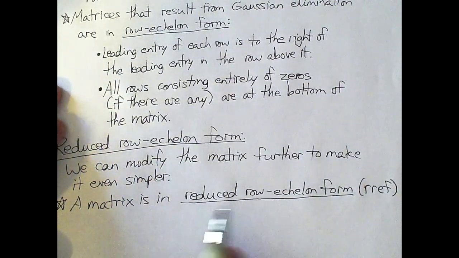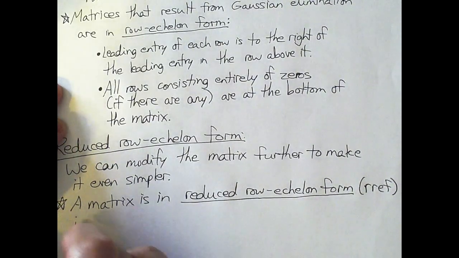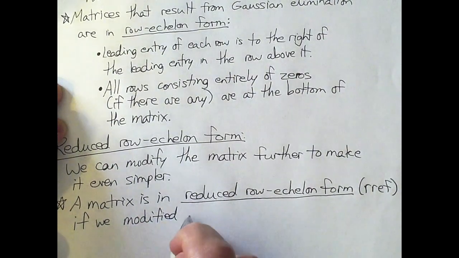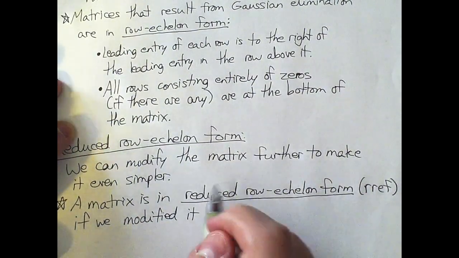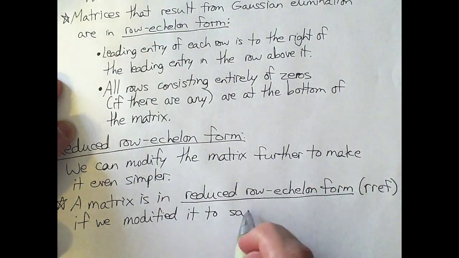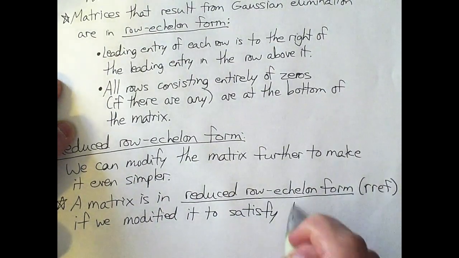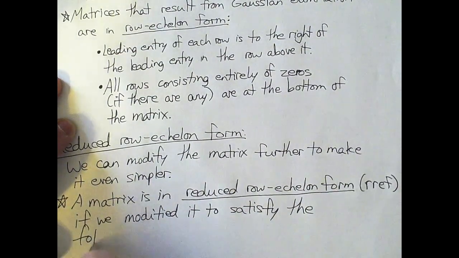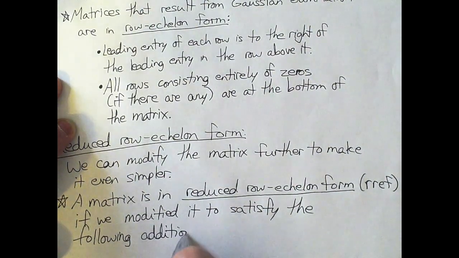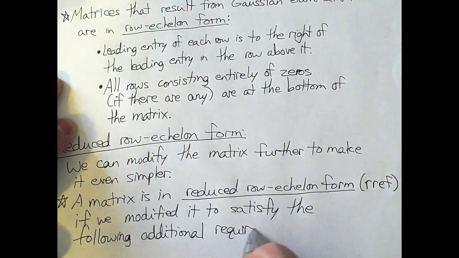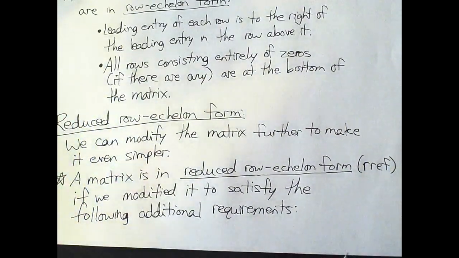But anyway, reduced row echelon form, if we modified it to satisfy the following additional requirements. So additional requirements means it has the same two requirements above plus a little more. Just two more things.